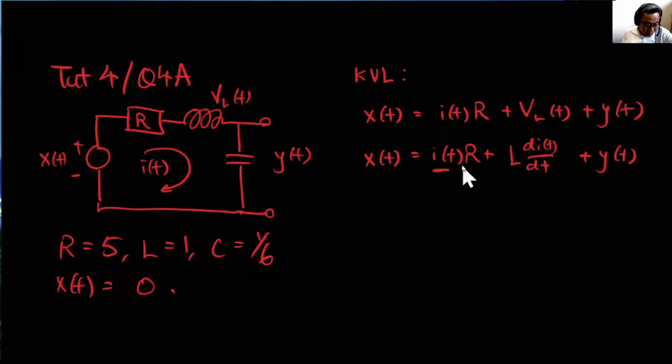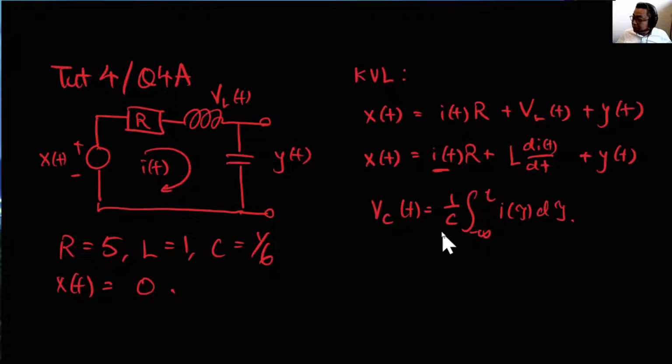Let's see how. First, let's recap. The voltage across the capacitor v_C(t) is equal to 1/C times the integral from minus infinity to t of i(tau) d tau. So this equation tells us the voltage drop across the capacitor, which is y(t) over here, with respect to the current.